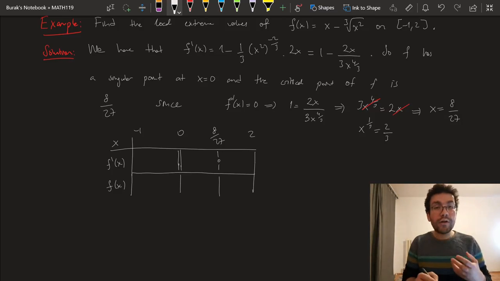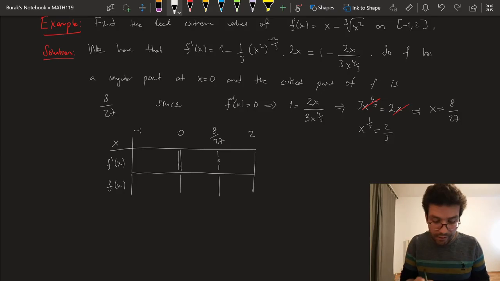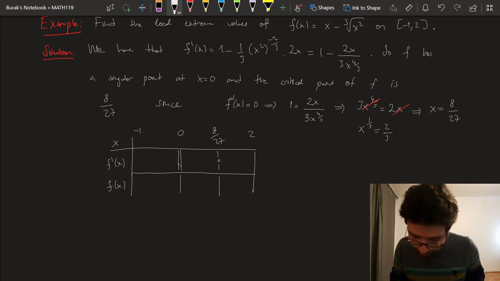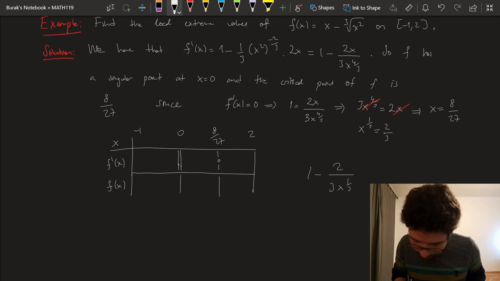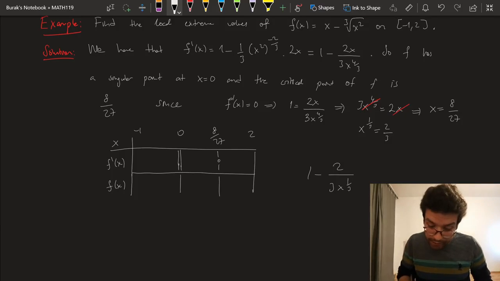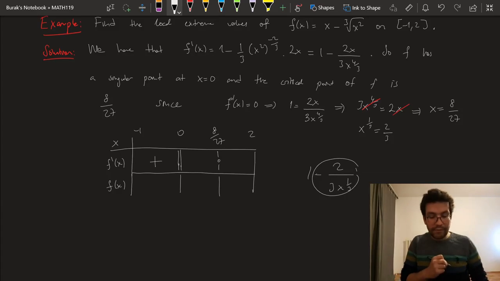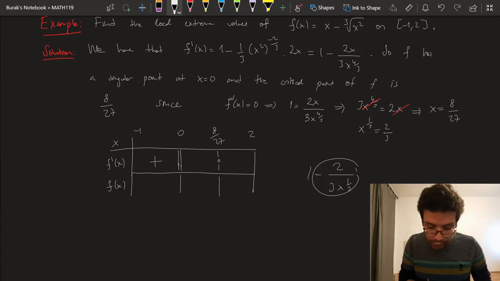Now, I'm going to figure out the sign of the derivative in these intervals. Between -1 and 0, let's see what happens here. In this interval, x is different than 0, so I can cancel these. When you cancel these, you're going to get 1 minus 2 over 3x to the power 1/3. And in this interval, this will be negative. Because of this minus, this will be positive. So my derivative is positive here. In this interval, you can actually check that it will be negative.